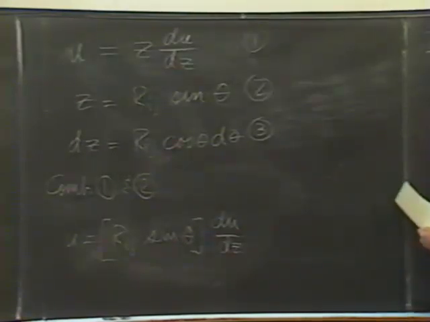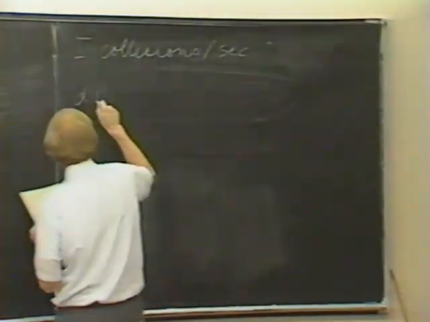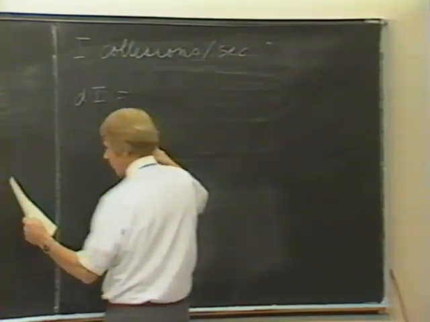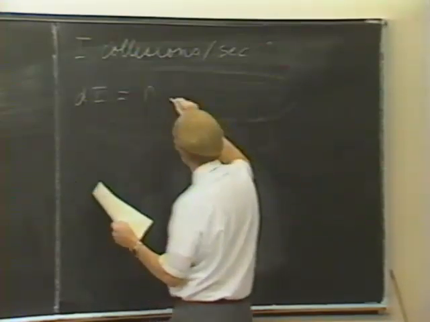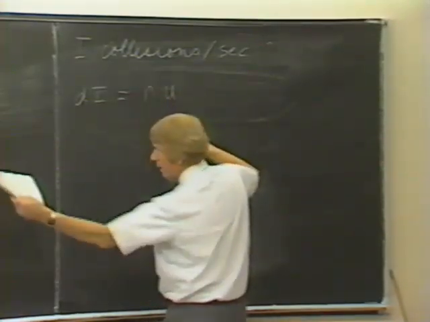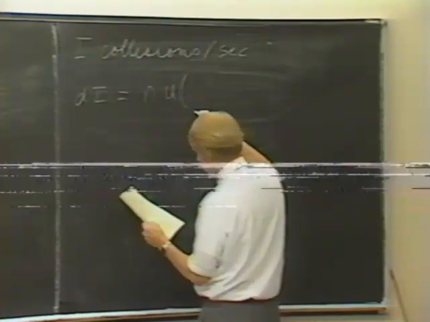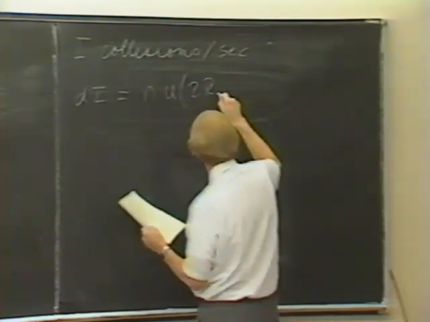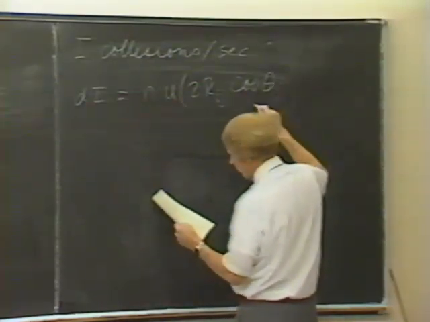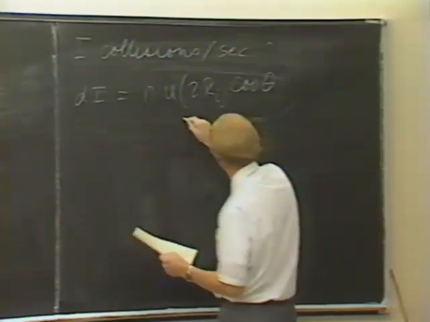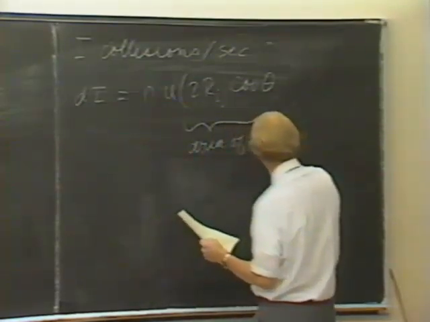And we can write di then, the part that collide with that slice, is equal to the number of particles per cubic centimeter times the velocity that strike that times 2 Rij cosine theta, which is the area of the edge of the slice. Times dz.